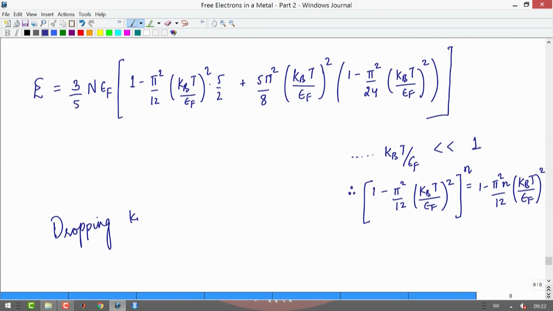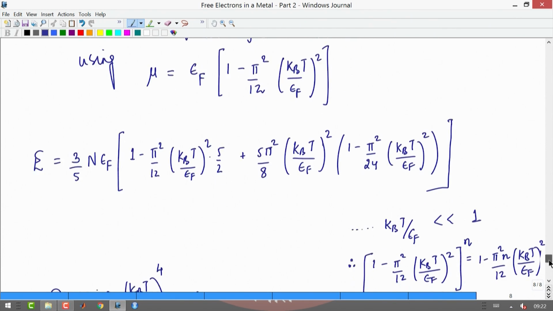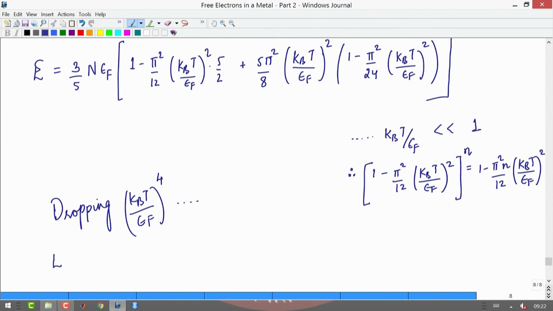So, dropping definitely the 4th order term, I am going to drop this term in comparison to the quadratic term, my expression reduces further and I get the expression for the energy as 3 by 5 n times EF into just the two terms which are quadratic in temperature, and you can see it is basically 5 by 8 minus 5 by 24 which I have to do.